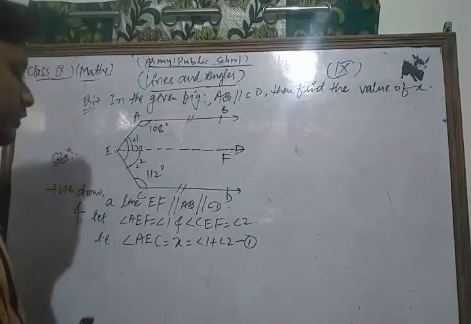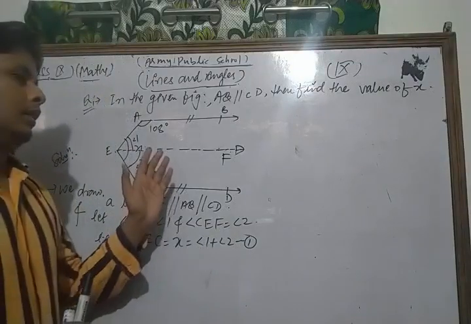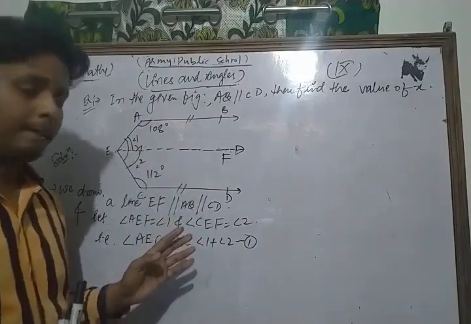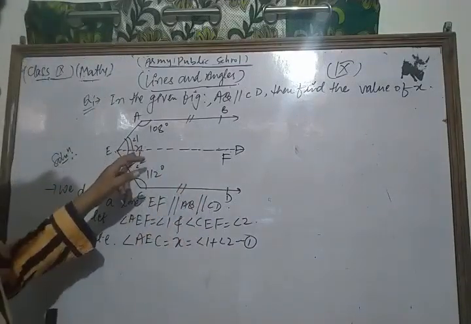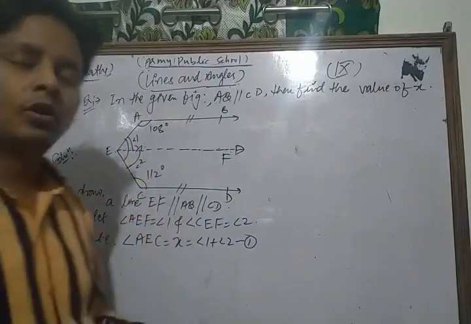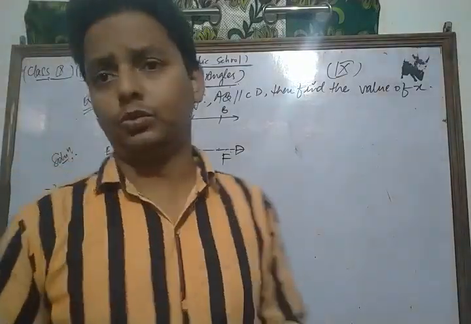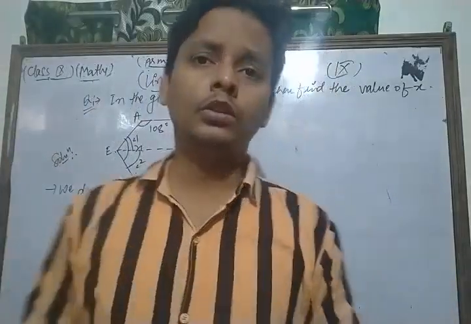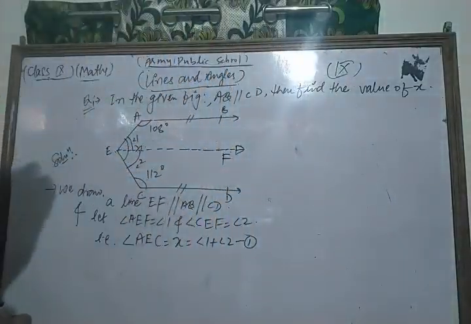Okay, dear students, in the given figure we do some construction, and after construction we split that angle X into two parts, angle 1 and angle 2, in this way. Now what I do, let's see.